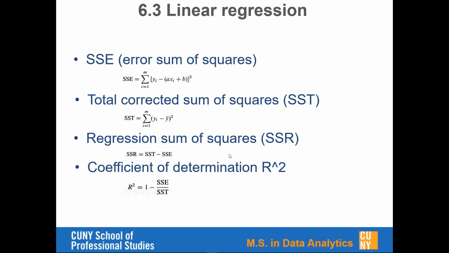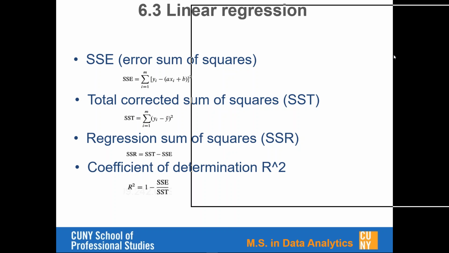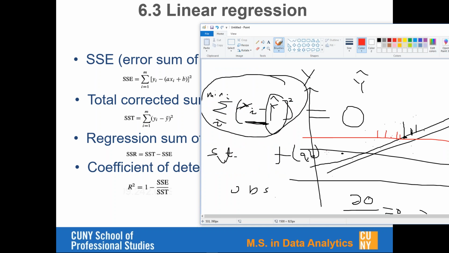So in other words, how much error the regression can explain. And then with those three definitions, we can define something called R squared, which is 1 minus SSE divided by SST. Because SSR is equal to SST minus SSE, you would say that R squared can be further expressed as this function.